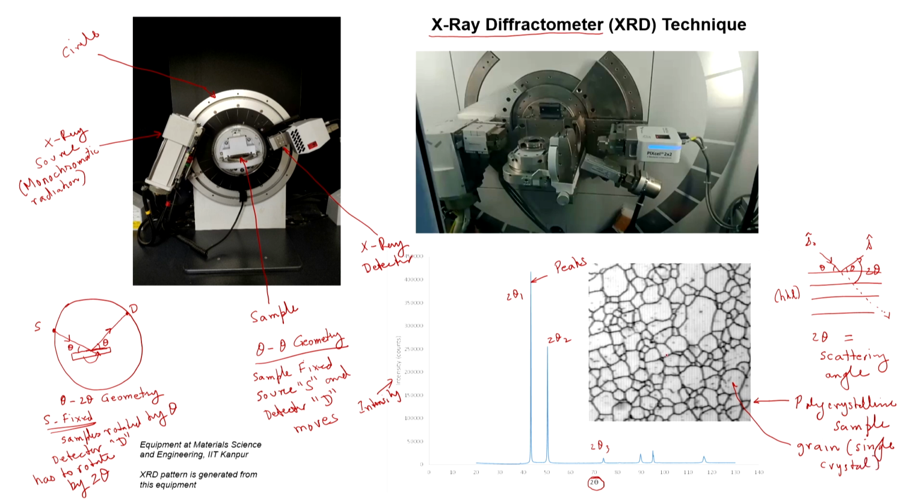Each of these small cells is actually a single crystal, and each crystal is randomly oriented, which means that the HKL planes parallel to the sample surface would be different for different grains, and hence one is able to get different incident angles with different crystals when the wavelength is kept fixed.